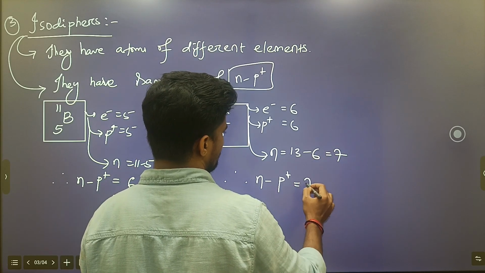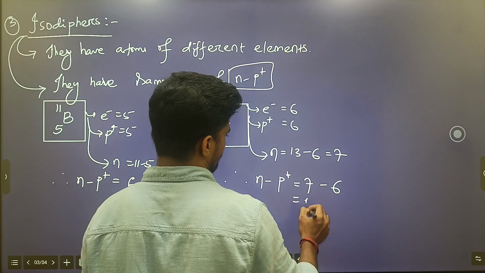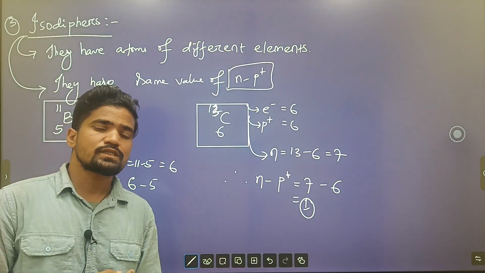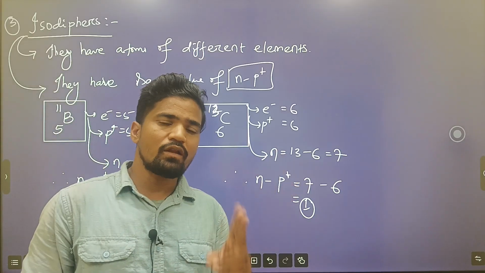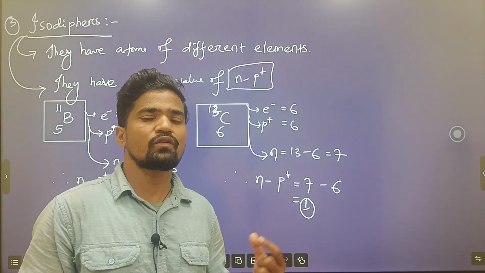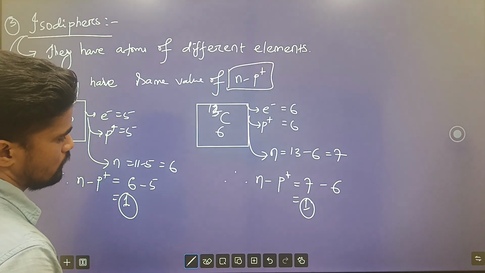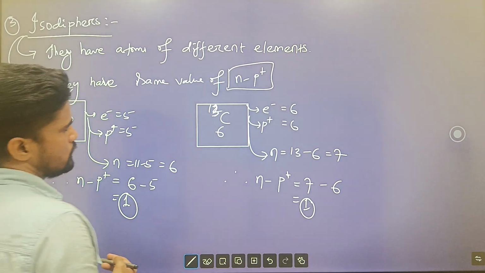So neutrons come to 7 minus protons 6, it is 1. Now done. They have the same value of difference in the number of neutrons and protons, that means the number of neutrons minus the number of protons is the same.